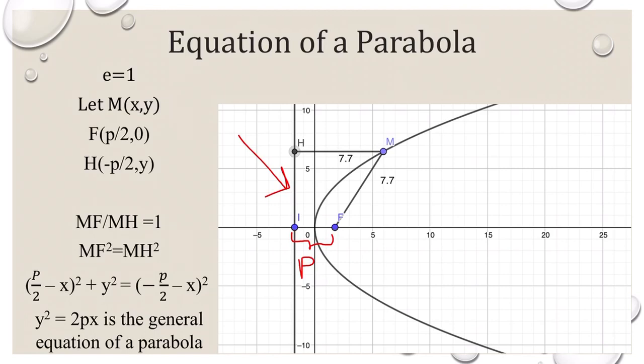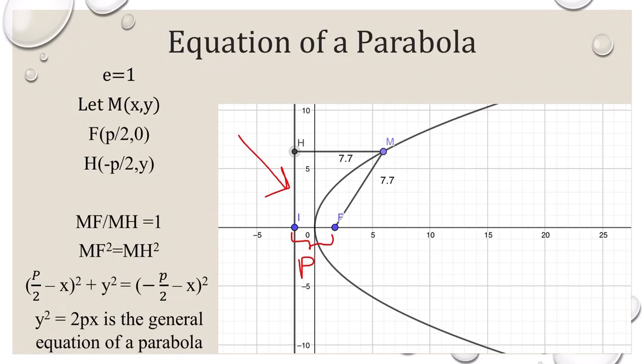If IF is P, then of course the coordinates of F are P over 2, 0, because since it's a parabola, at the vertex O, OF is equal to OI, so O is the midpoint.